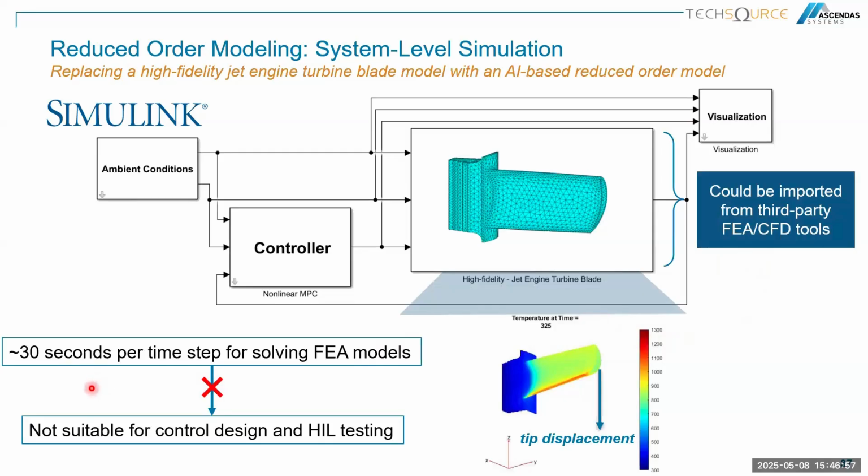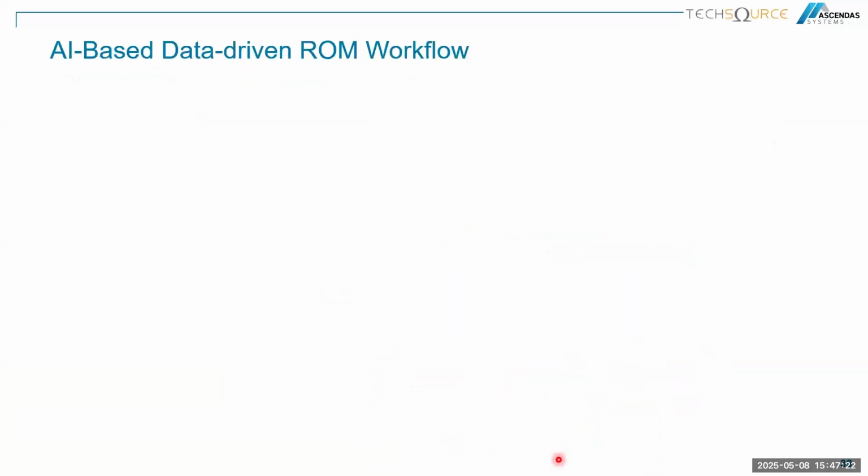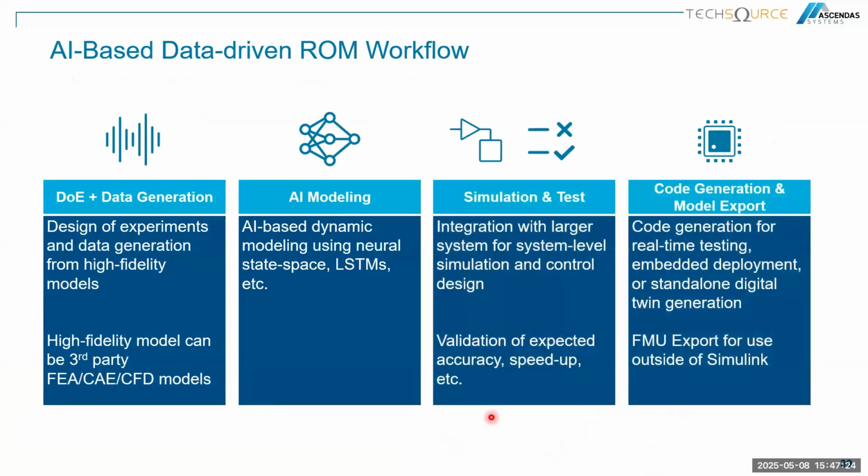HIL testing is real-time testing. You cannot use 30 seconds per time step in real-time testing in HIL. That's why we need to convert this to a reduced order model, the ROM. So we have input and output, and we can create an AI model here.